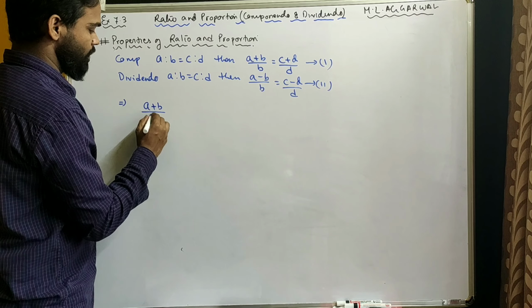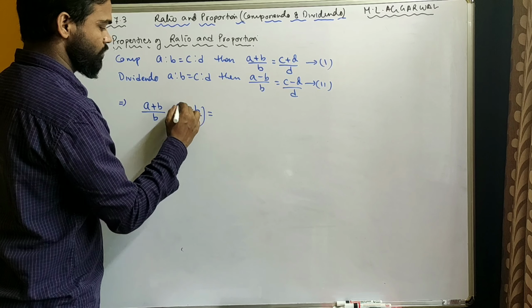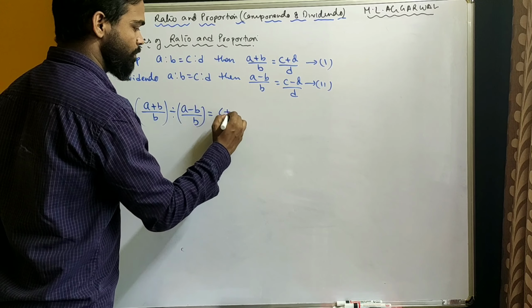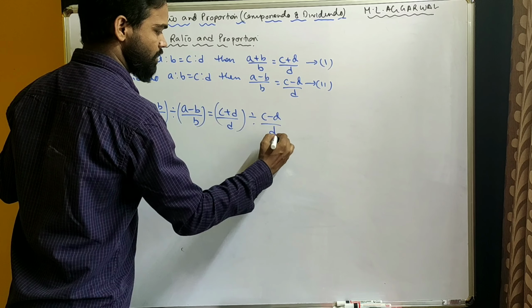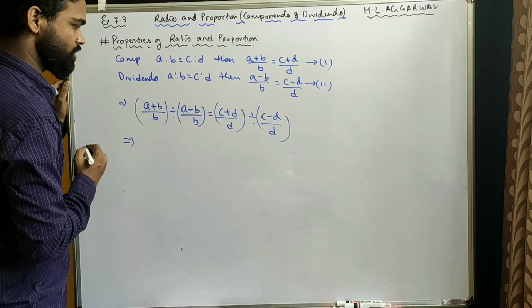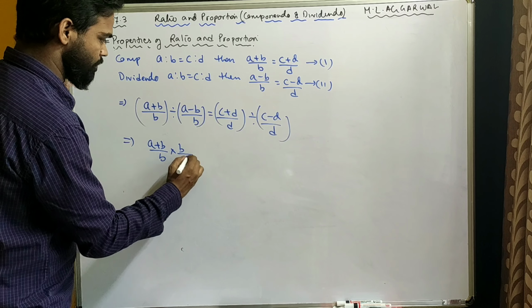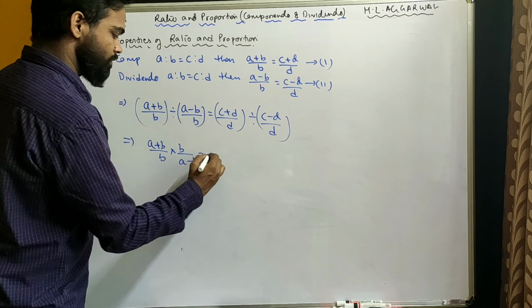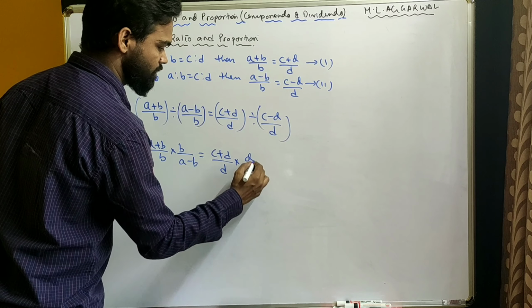(A plus B) by B divided by (A minus B) by B is equal to (C plus D) by D divided by (C minus D) by D, which is equal to (A plus B) by B into B by (A minus B), which is equal to (C plus D) by D into D by (C minus D).